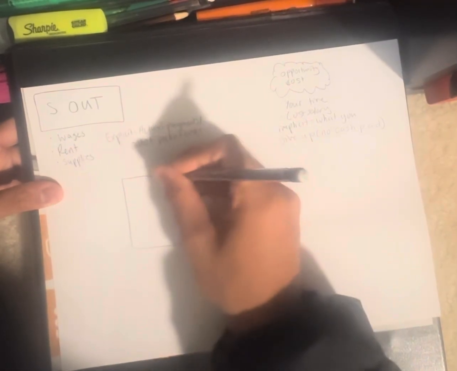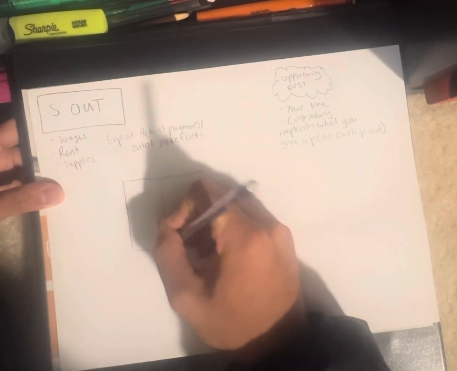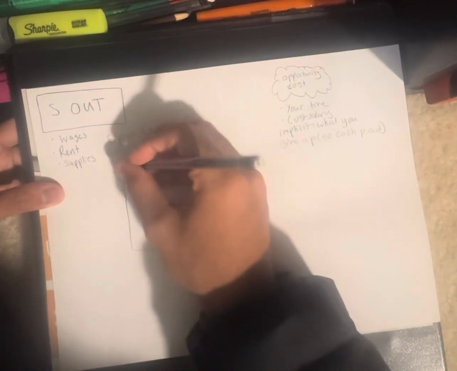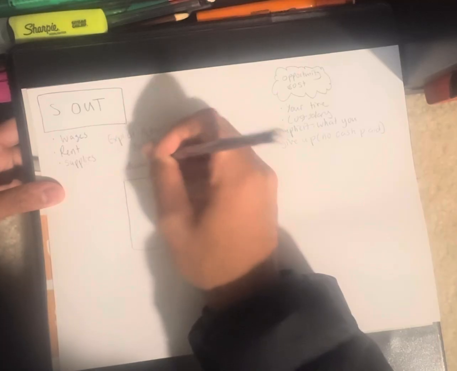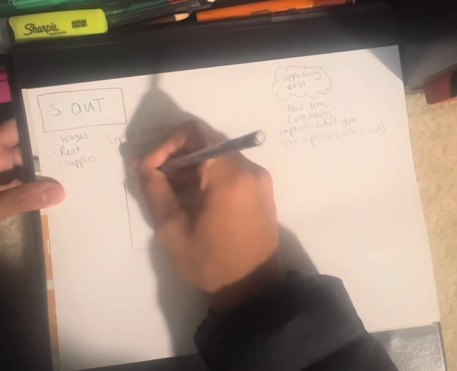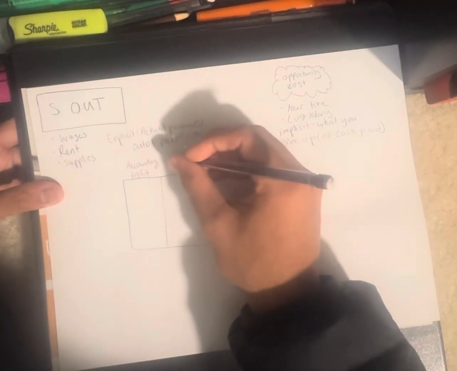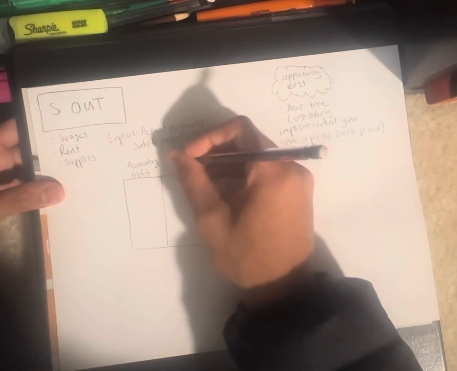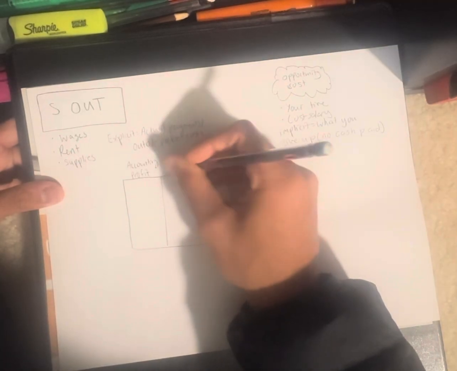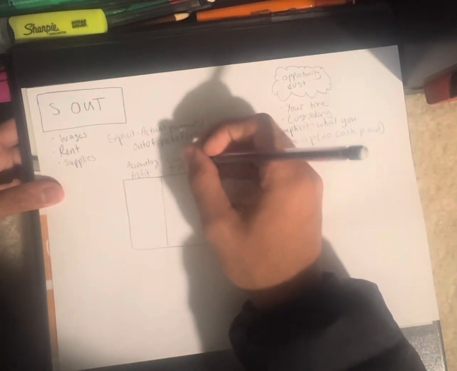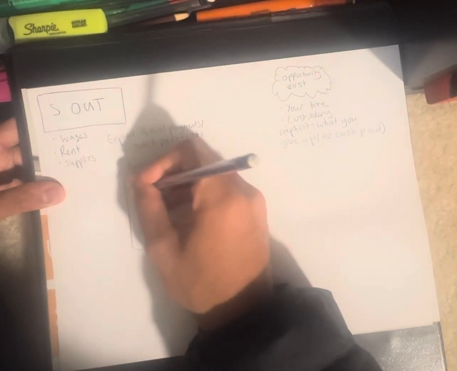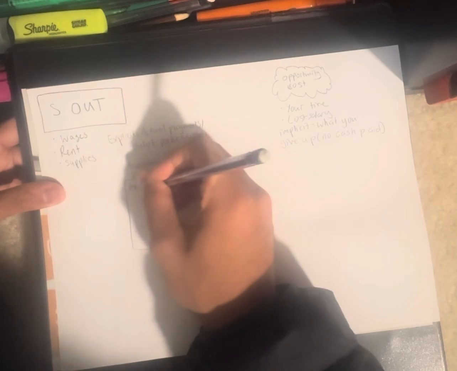Now I'm going to be showing the accounting profit versus the economic profit. I'm drawing a chart right now in which the left column is the accounting profit and the right column is the economic profit. Accounting profit uses only explicit costs, so the money that actually goes out.